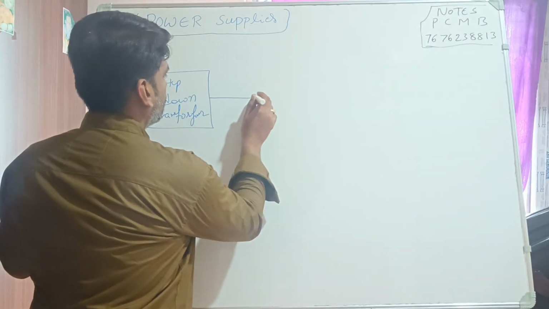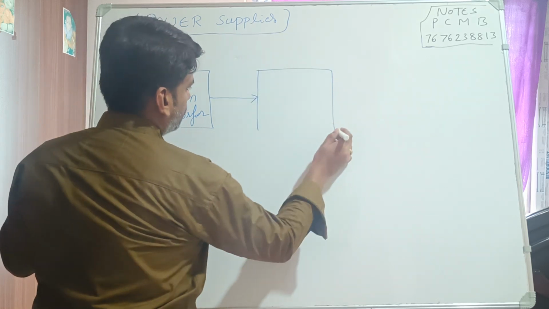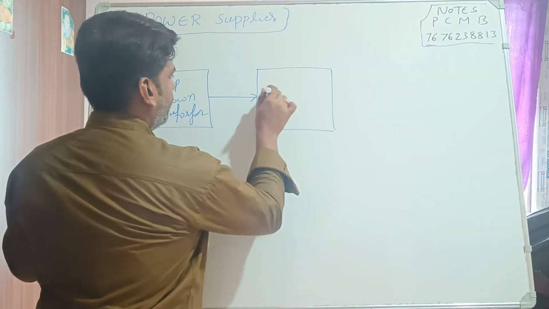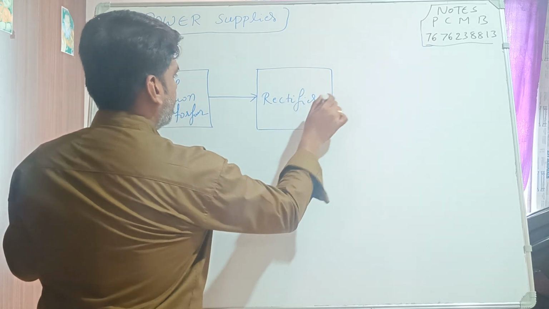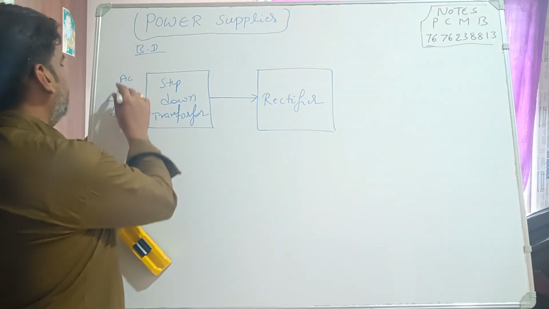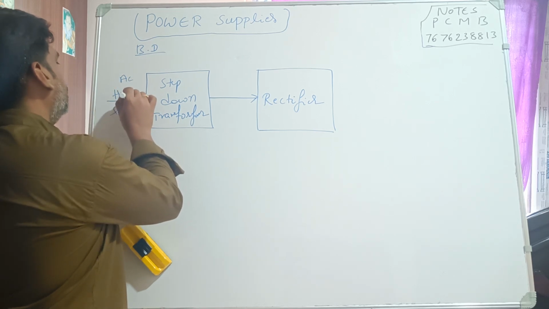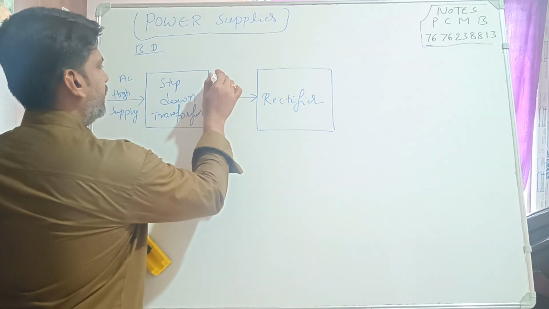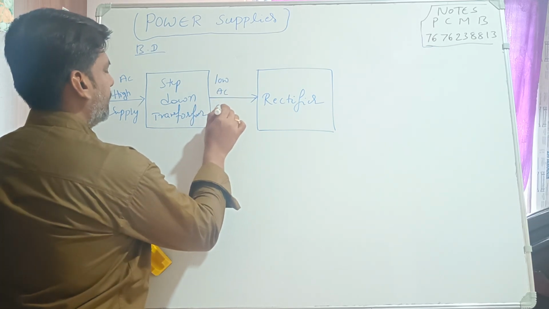So that is the first block, and the second block we will write as rectifiers. Right, so here the high voltage AC supply is getting converted into a low AC supply.